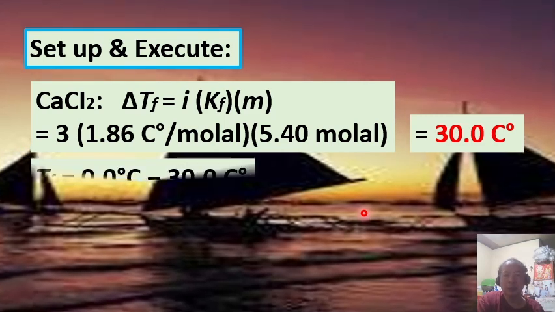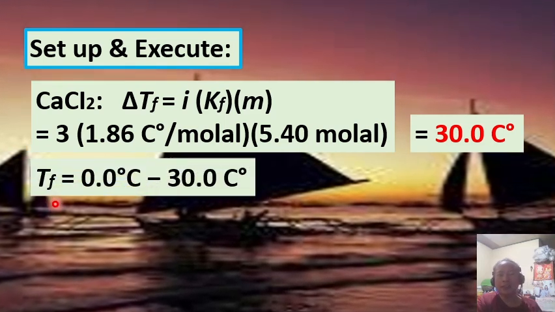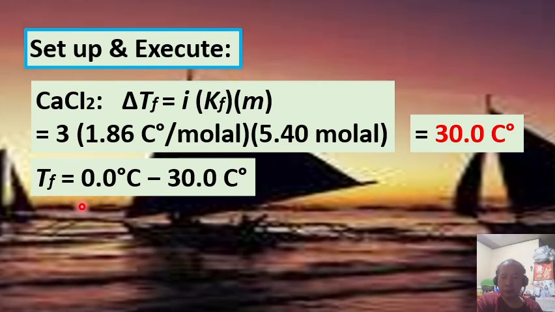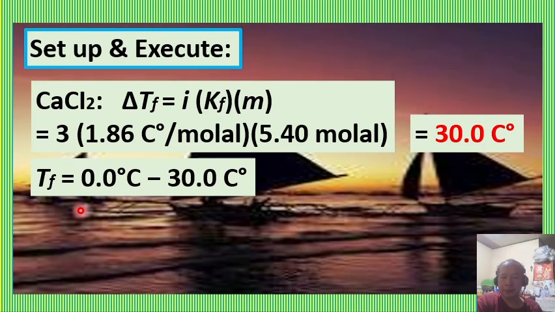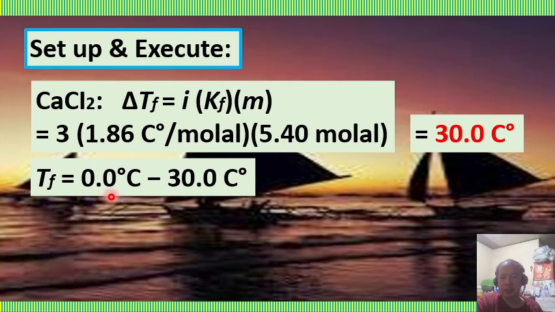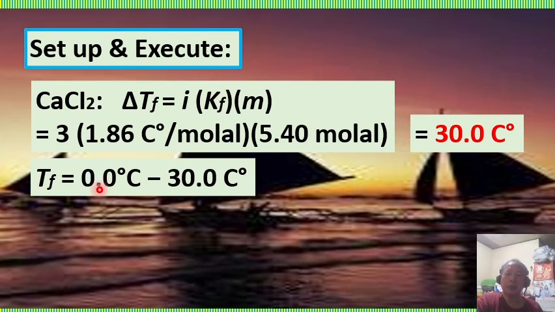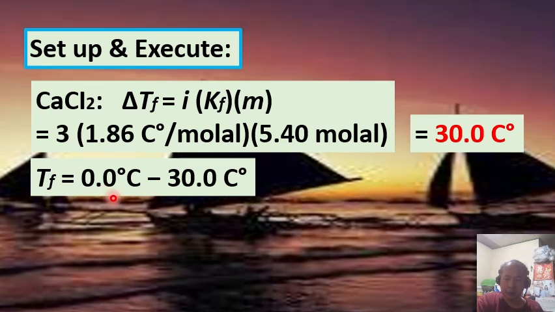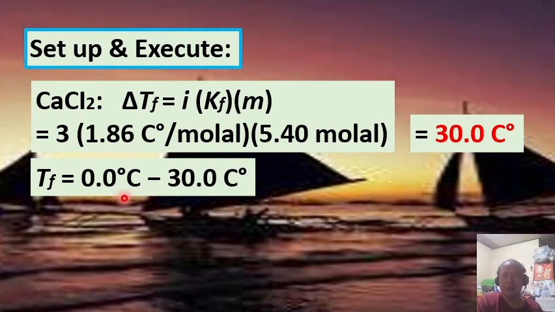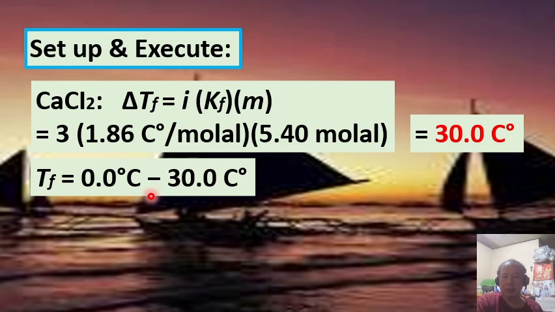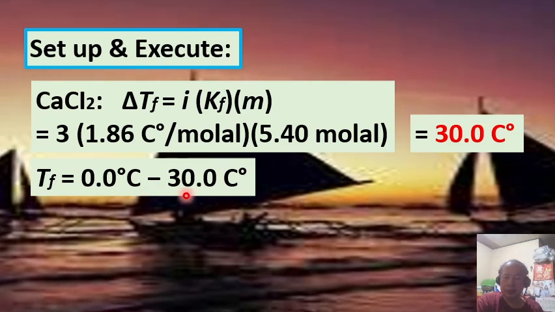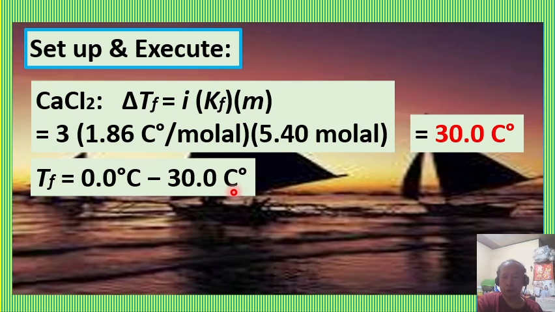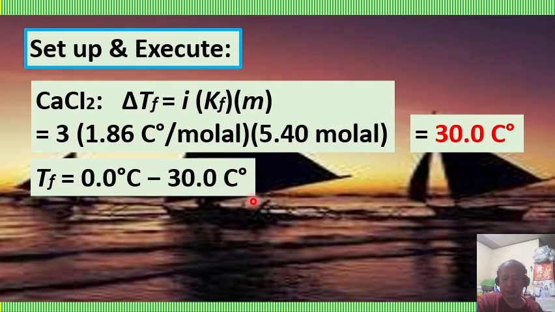So this means that the actual freezing point of the calcium chloride solution is just equal to 0.0 degrees Celsius, that is the freezing point of pure water at STP, minus the computed delta T sub F for calcium chloride solution, 30.0 Celsius degree.